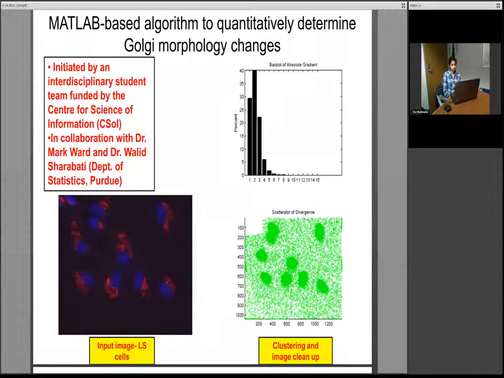But the next important thing, which is the only step where we have human intervention in this tool, is we want to let the code know what are the cells that we want to take into this analysis and what are the cells that we would want to eliminate from the analysis.